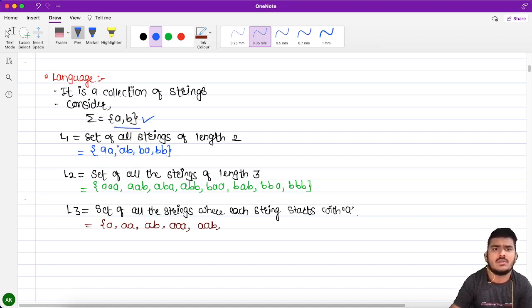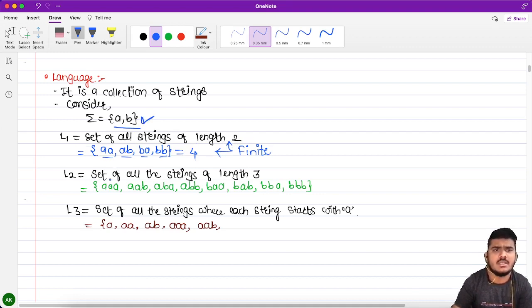So if we take out strings of length 2, that becomes 4, that is either AA, AB, BA or BB. So this becomes 4. These strings are in finite number. Okay, so we can say that language L is finite. Okay, we are designing the languages over the alphabet a comma b only.